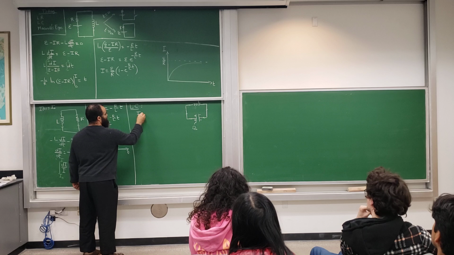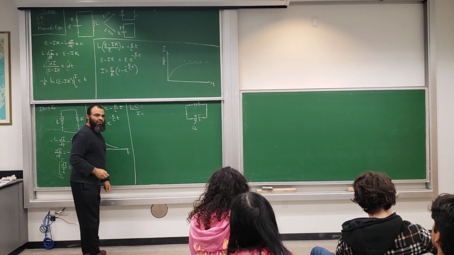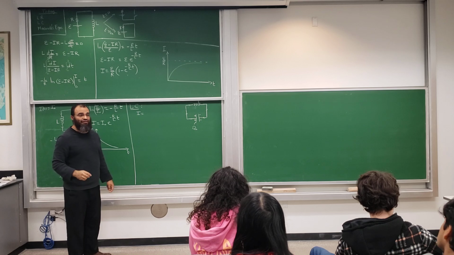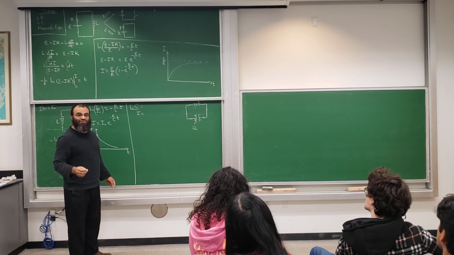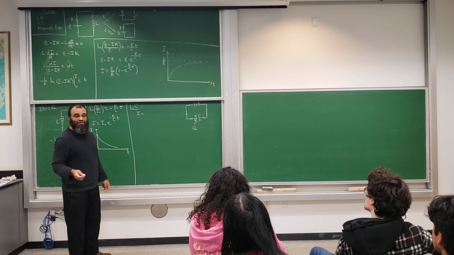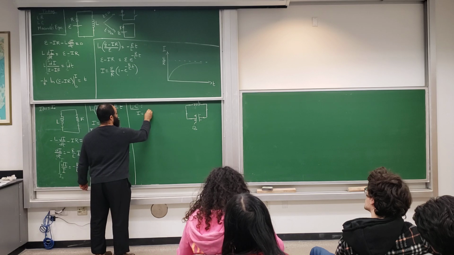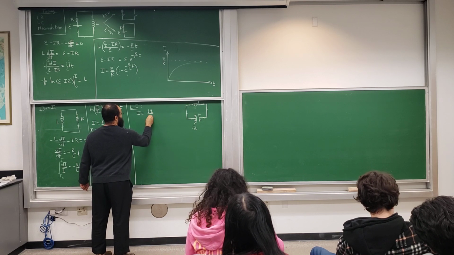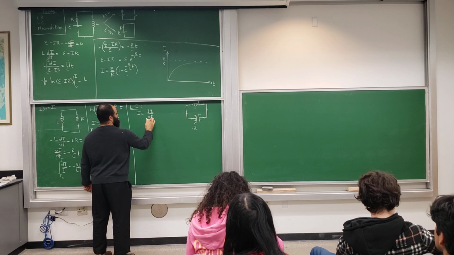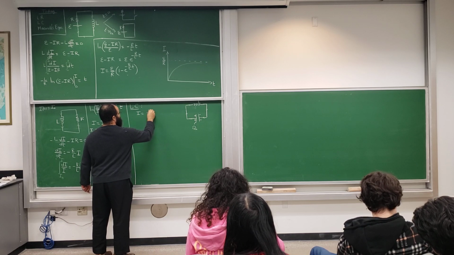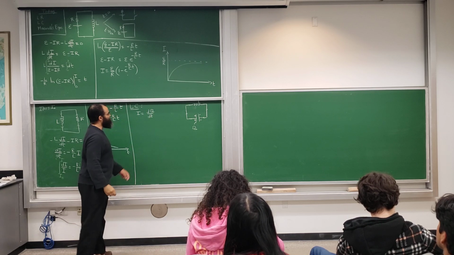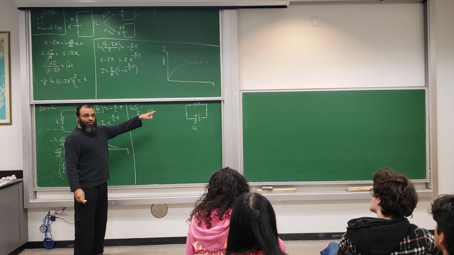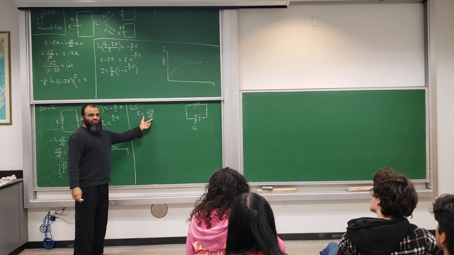So what's their relationship? I is what? Charge over time, yeah. So in terms of calculus, it's dq/dt. I'll put little q. But the direction of current is correct, but dq/dt is negative.